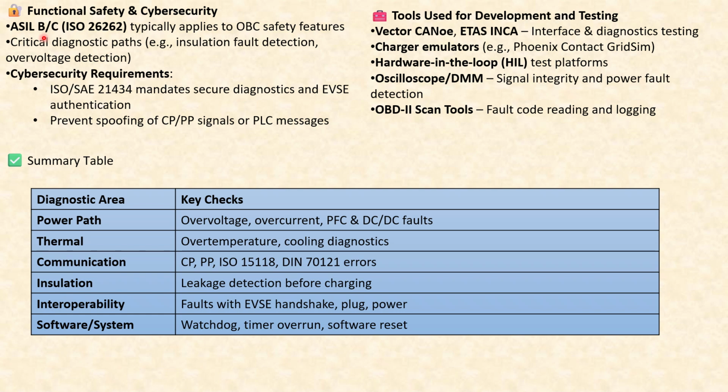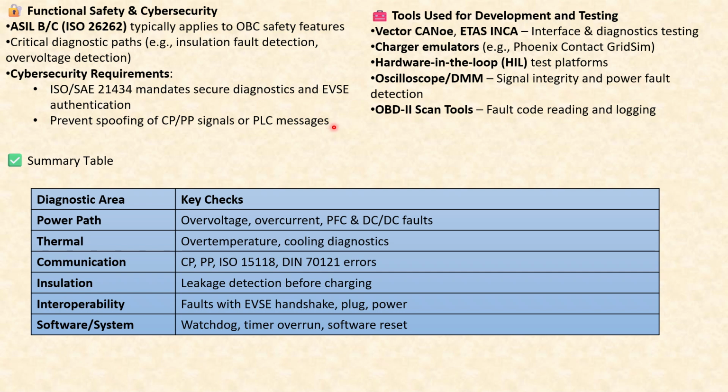In case of any mistake or any failure, this can lead to injury, deep injury to the user. So it falls under ASIL B and ASIL C. Now coming to the cybersecurity requirements, ISO/SAE 21434 mandates secure diagnostics and EVSE authentication. It should also prevent the spoofing of CP and PP signals or PLC messages.